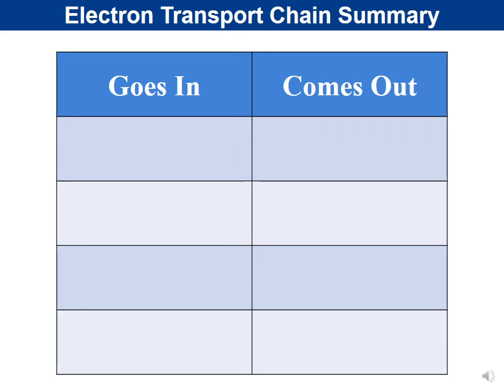So let's summarize what goes in and what comes out during the electron transport chain. What goes in? NADH. It's going to drop off electrons at the electron transport chain. What is going to come out? NAD+.